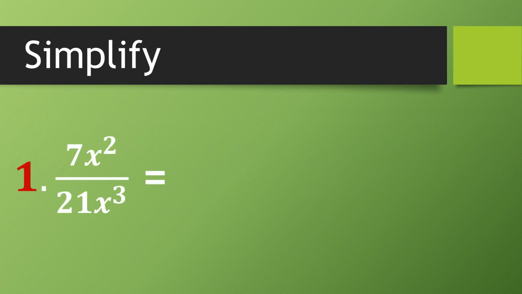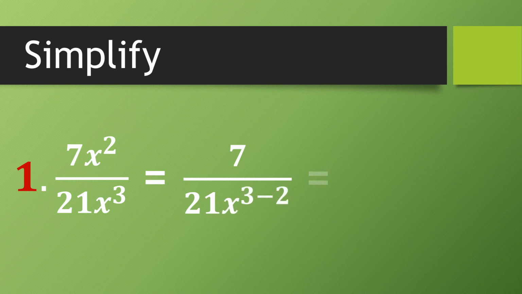Example number 1, 7x squared over 21x cubed. We will now bring the x in the denominator because 3 is greater than 2. So we have 7 over 21x raised to 3 minus 2. We will cancel the common term from 7 and 21.